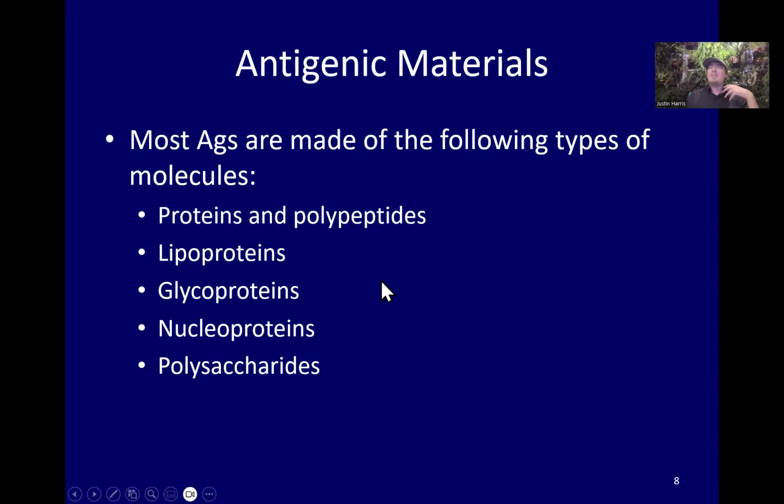Like I said, anything can really be an antigen, with all of these different biological molecules. You can have proteins, lipids, and some complex molecules. One thing that is important with the immune system is differentiating the self from non-self.